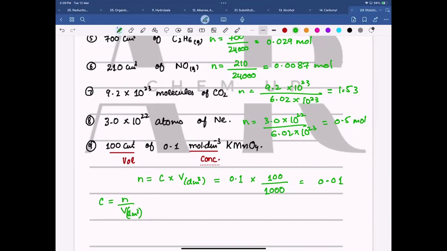यहाँ तक कि कन्वर्जन आ गई करनी सबको, कि किसी भी सब्सटेंस की इफ you are provided with the one quantity and you have to identify the other one, how you will do it.